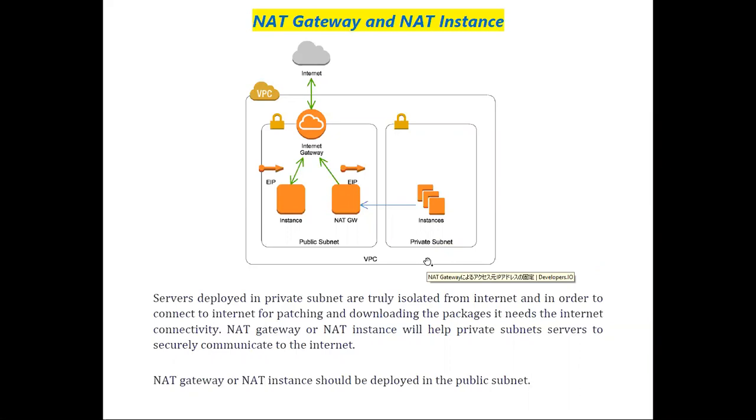But for some reason it needs to download some packages or do some patching. For that kind of work, it needs internet connectivity, so we can use this NATing facility and allow the instances to connect to the internet. The other way around, the resources from the internet cannot contact the instances in the private subnet.